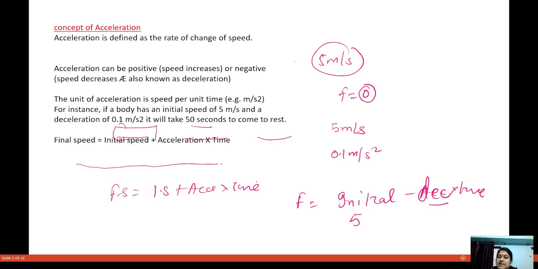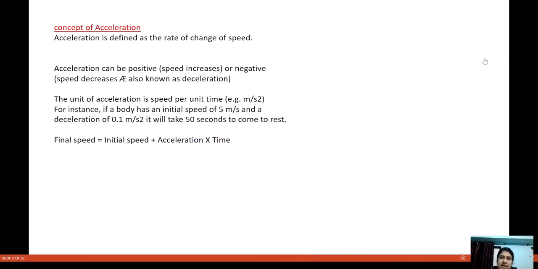We have initial speed as 5 meter per second. What is deceleration? This is 0.1 meter per second square into time, which is 50 seconds. So 0.1 into 50, you get 5 meter per second. So this becomes 0, final speed becomes equal to 0. So this is how we do these questions.